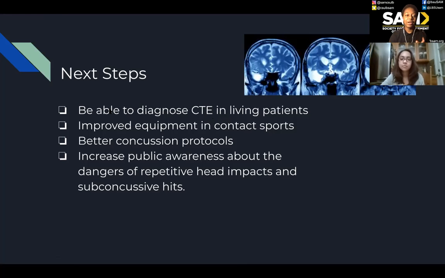So that is a very big step that needs to be taken in CTE research. Next, improve equipment in contact sports, better concussion protocols, and then increase public awareness about the dangers of repetitive head impacts and subconcussive hits.